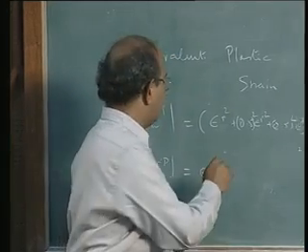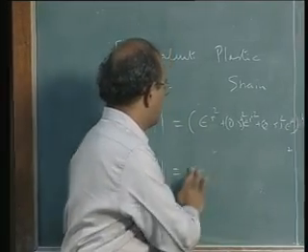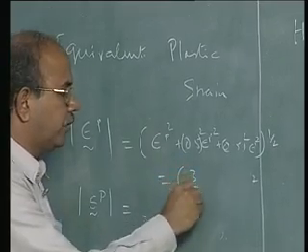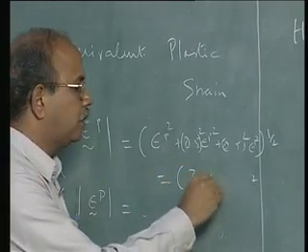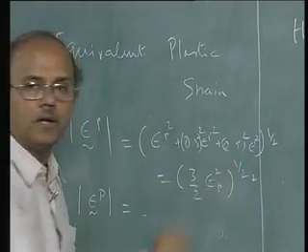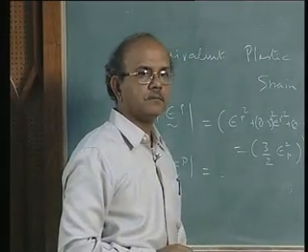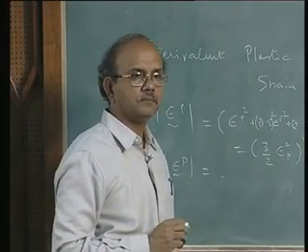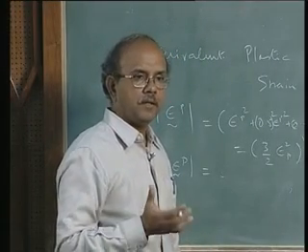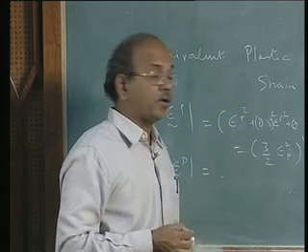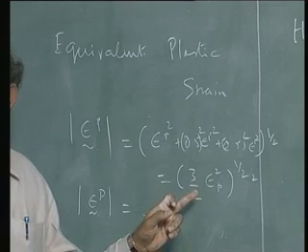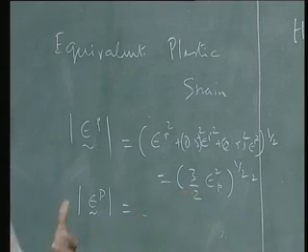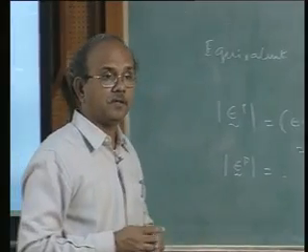So, this will be 3 by 2, and the whole thing will be 3 by 2 epsilon p squared, whole power half. But what do I want? I want this to be an equivalent plastic strain, epsilon p.